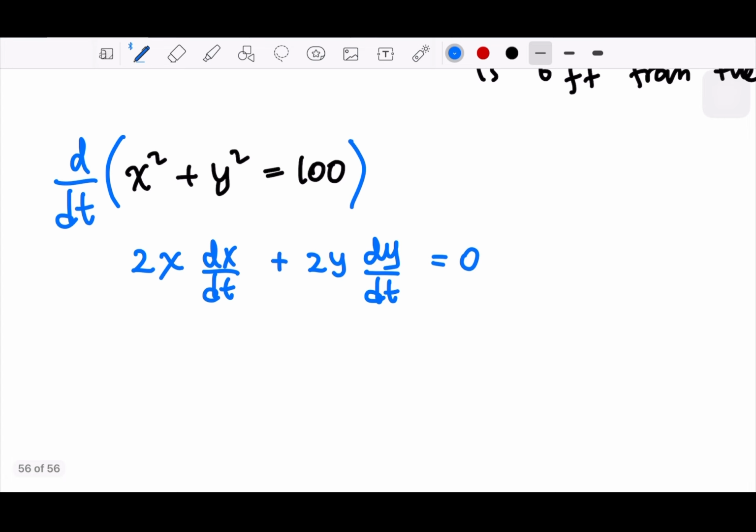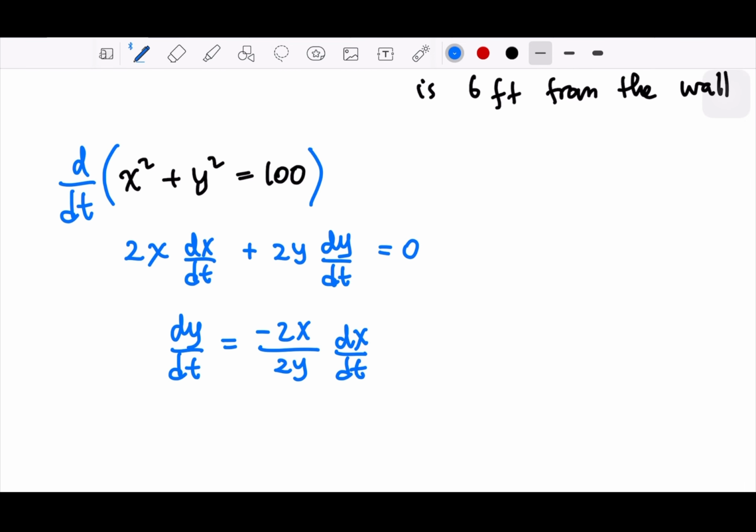Let's solve for dy over dt. This will be negative 2x over 2y times dx over dt, or we can write negative x over y times dx over dt. Now that we have the connections, we can put in the numbers.